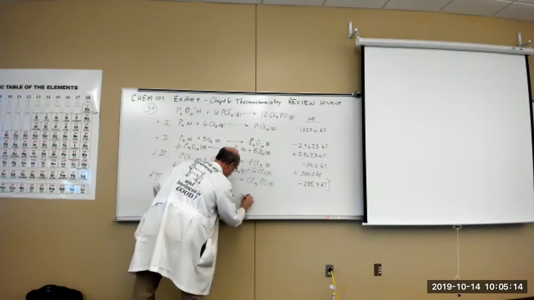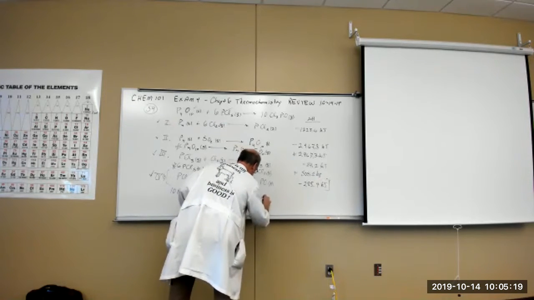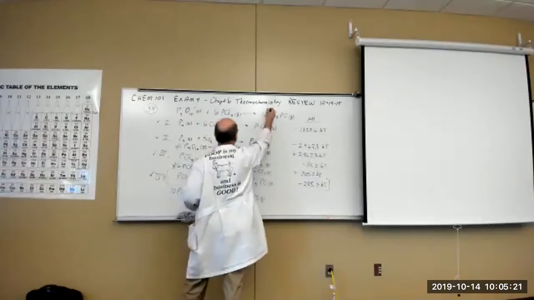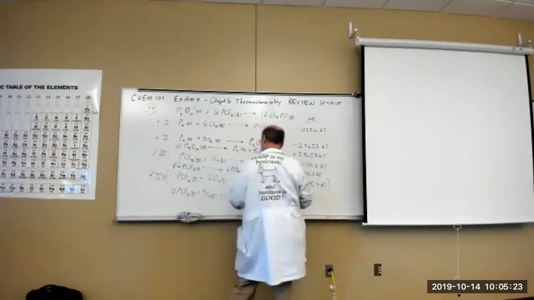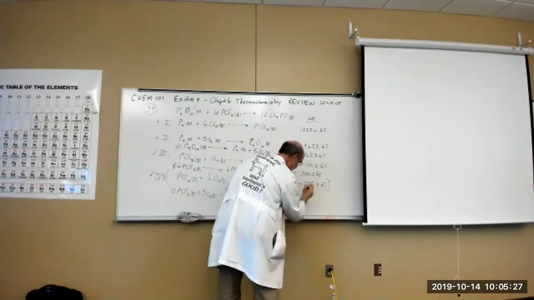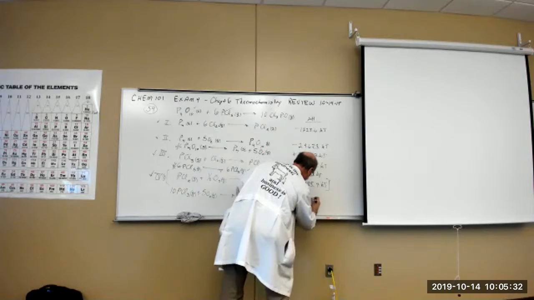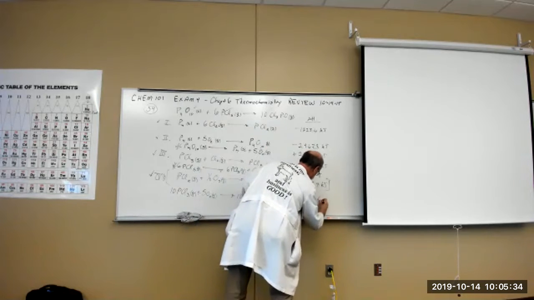And then 10 Cl3PO for that one. And then we have to multiply 10 times this one. So we didn't flip it, so it's the same sign. That's 2857 kilojoules.